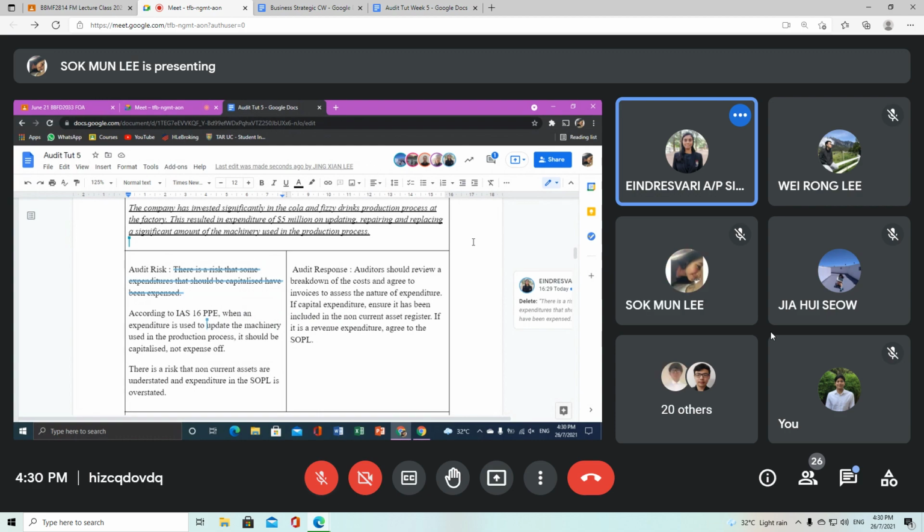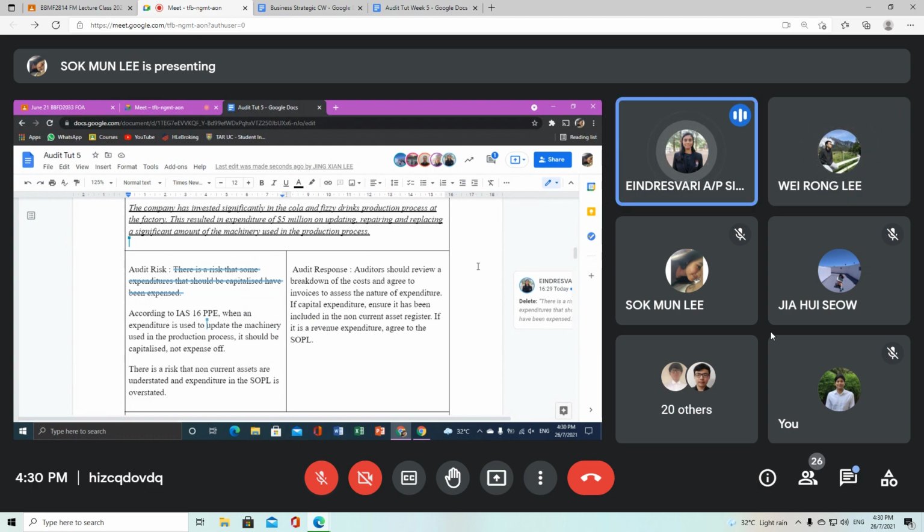If they update the Microsoft Word into MS 365, should you capitalize the cost? Yes, no, anybody want to try? Microsoft Office, not really, because the amount is not that material also. Not that material, number one.